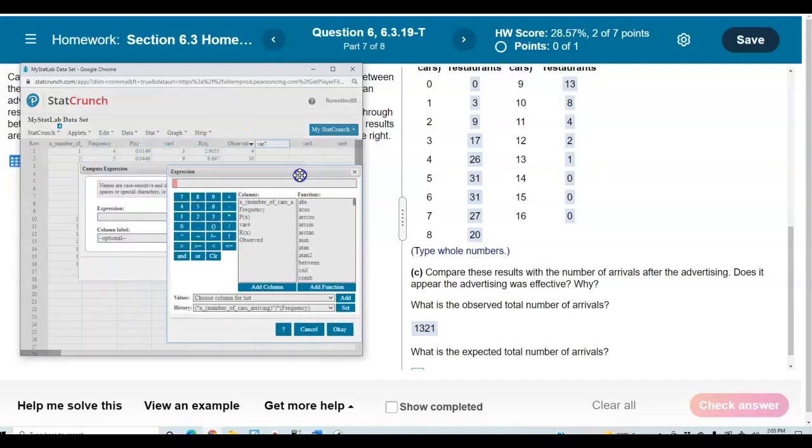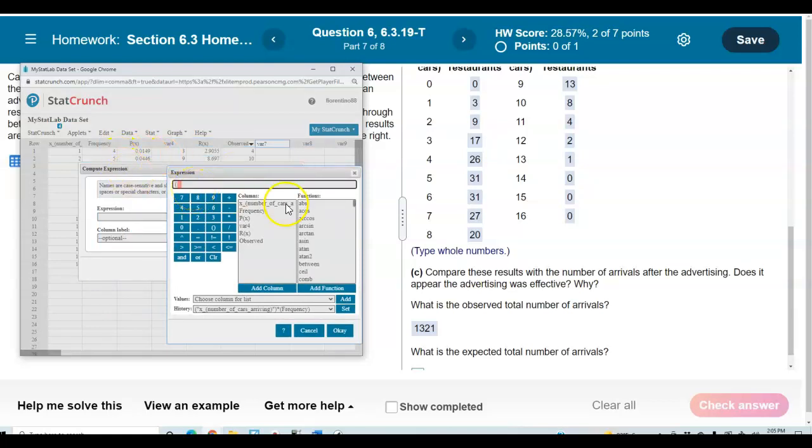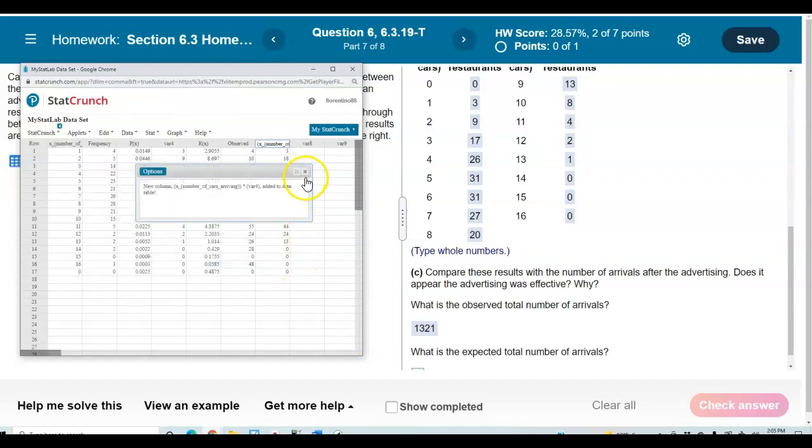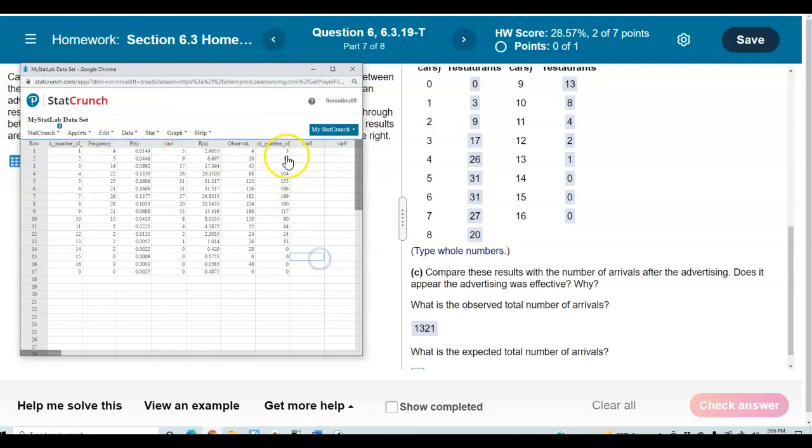In this case, we're going to select the parenthesis, the X number of cars arriving, and then multiply that by the column where we rounded it, which was VAR4, and put parentheses around that. Then we're going to select OK, and then compute. So now this times 3 gives us 3. 2 times 9 gave us 18, and so on. And so now this is considered the expected.